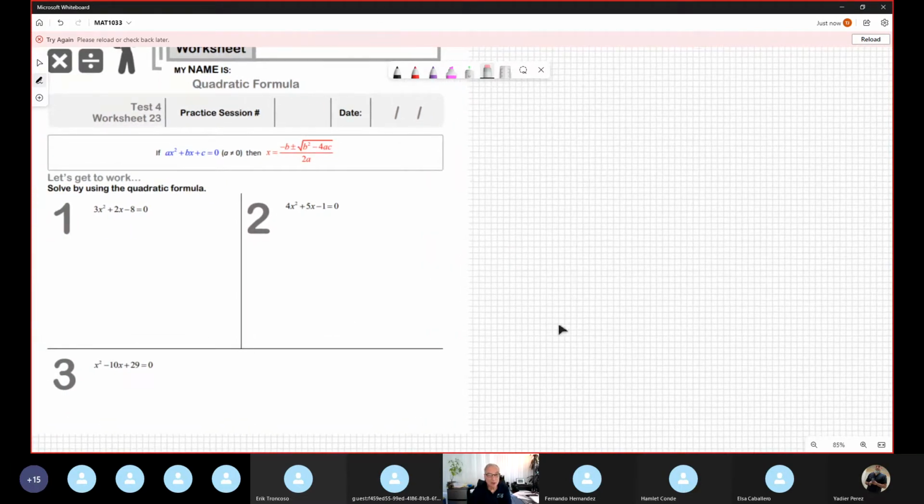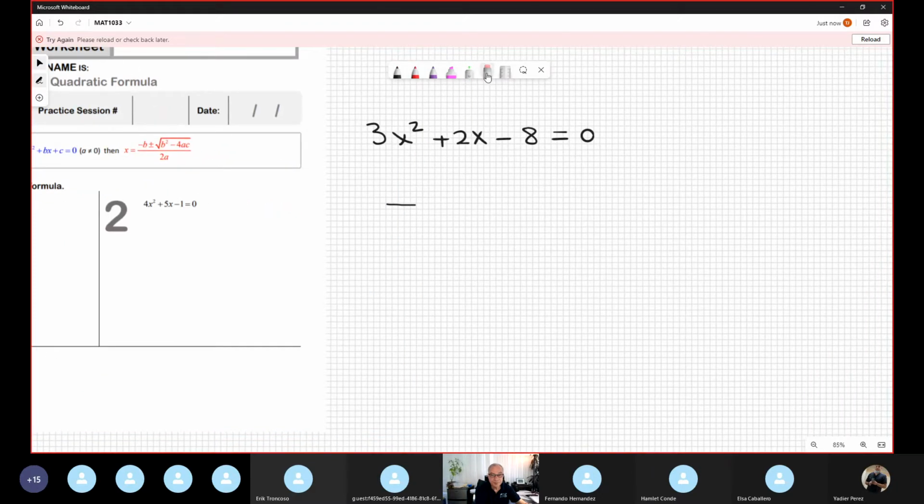Okay, so now I take advantage. 3x squared plus 2x minus 8 equals 0. Wow, I like that. This equation is nice because it's expressed in standard form, so I can quickly identify who is A, B, and C. A is 3, B is 2, and C is negative 8.